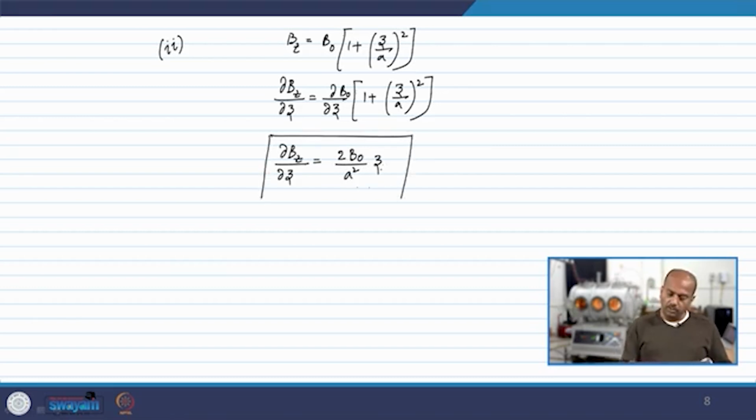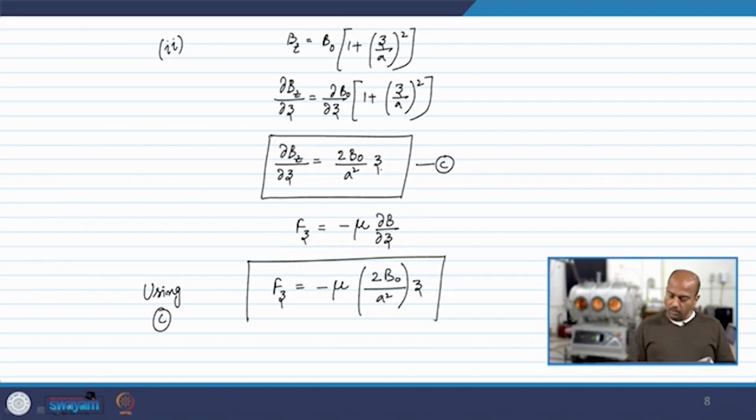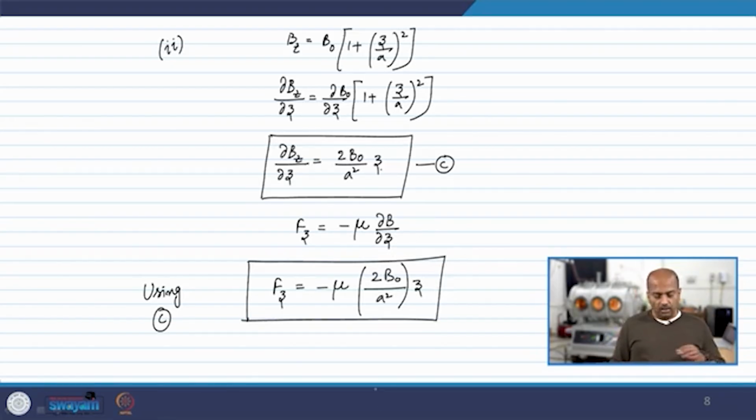This is the dou Bz by dou z. Now, from our discussion, from the derivation, we have force is minus mu times dou B by dou z. So, using this, let us say C, using C, the non-zero force is minus mu times 2 B naught by A square times z, right. This is the answer for the second problem.